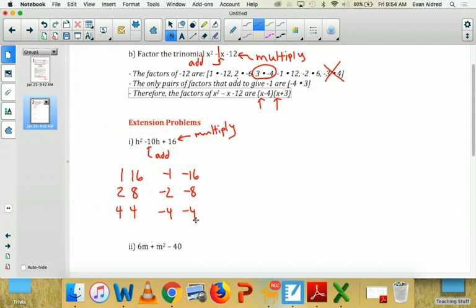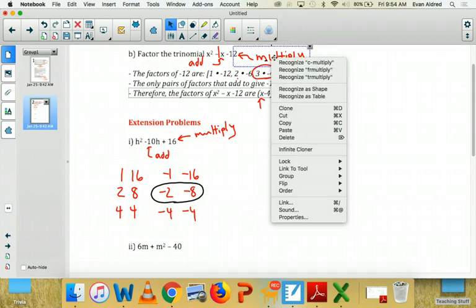So all of the same pairs of factors listed before, but if both are negative, that will also give us plus 16. So here we have 6 pairs of factors that multiply to give us plus 16. The only two that add to give us negative 10 are those two.